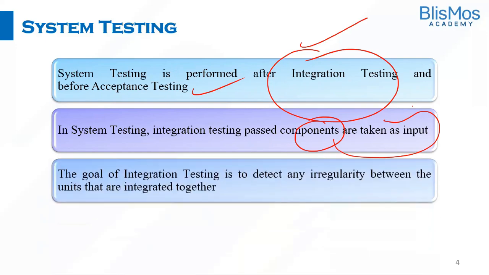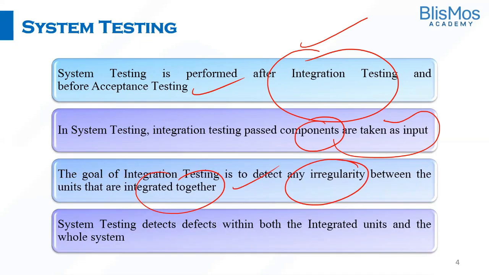The goal of the integration testing is to detect if there is any irregularity between the units that are integrated together. So while performing the system testing, we'll uncover the defects within the integrated units and also as a part of the whole system. That is why we do system testing.